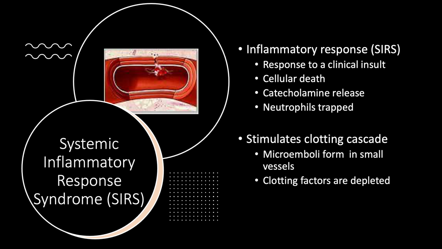The inflammatory response also stimulates the clotting cascade, leading to formation of microemboli in small blood vessels, further impairing perfusion. The depletion of the clotting factors increases the risk of bleeding and can lead to disseminated intravascular coagulation, or DIC.